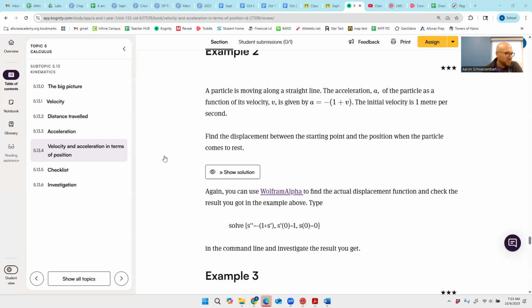So I have my independent variable here is v. So I am looking for ds, which is position, in terms of v. So I'm looking for ds dv. What I'm given is dv dt.